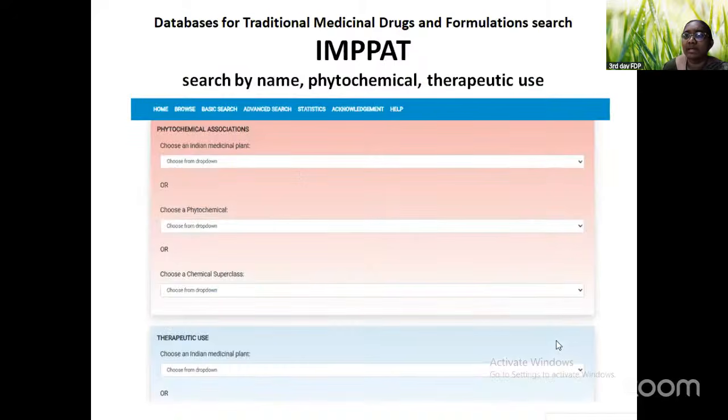So this is the site. Here we can browse by the phytochemical associations. Here we can type the name of the medicinal plant, the name of the phytochemical, the chemical category or class of the particular compound, or we can search by the therapeutic usage in the IMPACT platform.